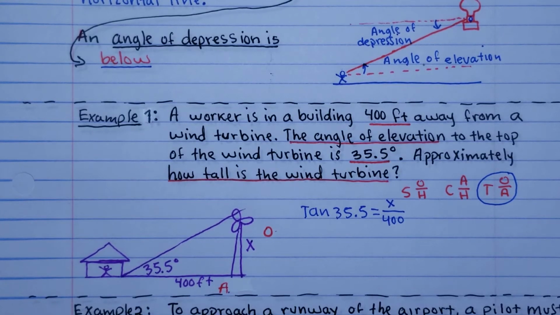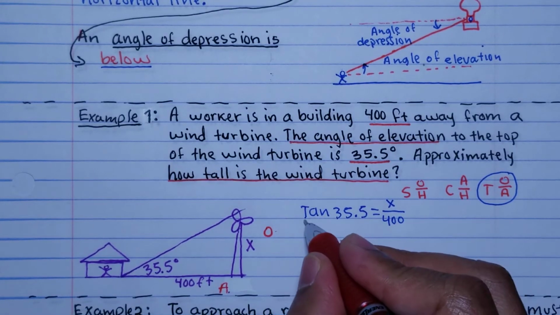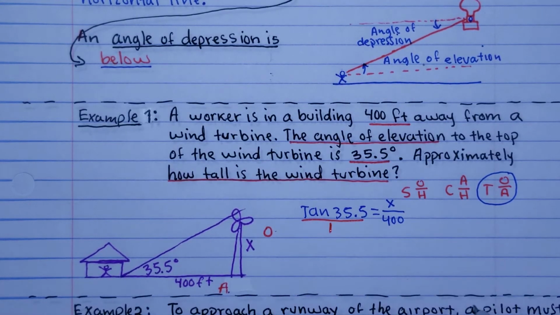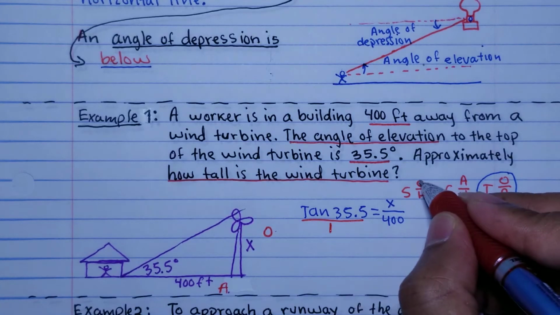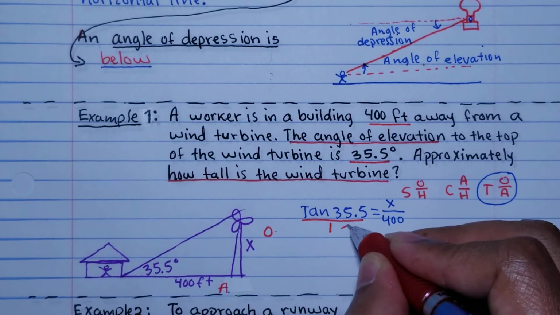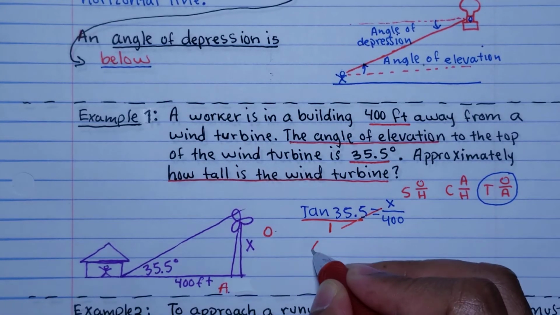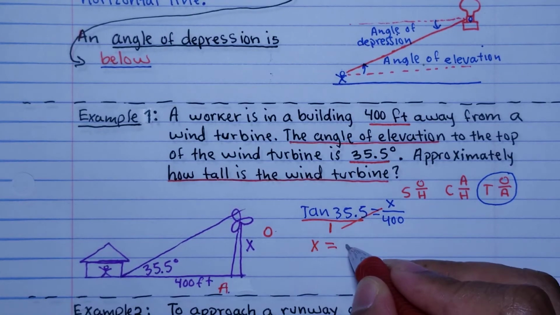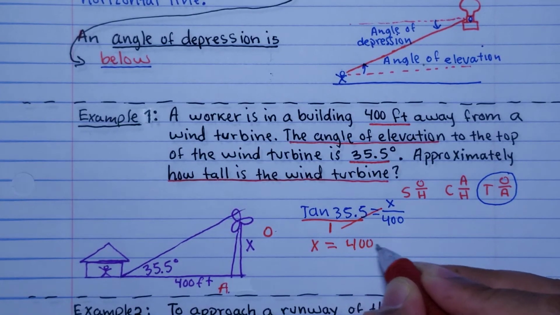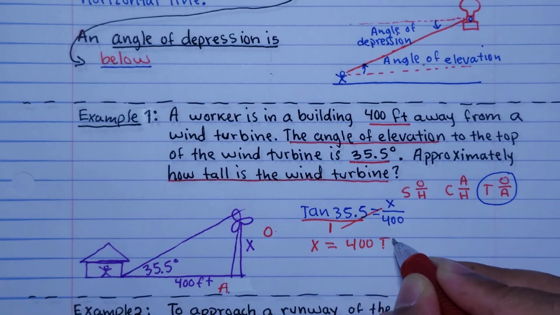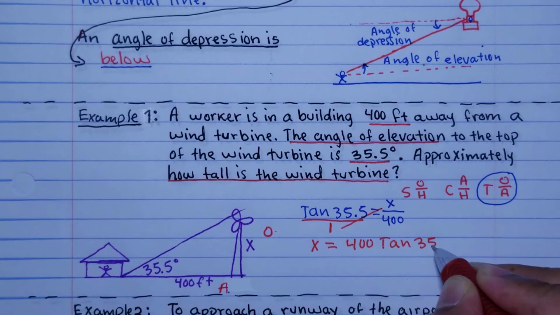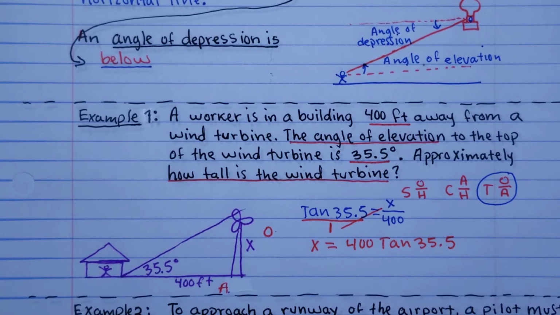Okay, so then we can solve this as a proportion. I'm going to write a 1 under the tangent of 35.5, and then I'm going to cross multiply. So when I cross multiply, 1 times x is going to give me x by itself, which is what I wanted, and then this will give me 400 tangent of 35.5.